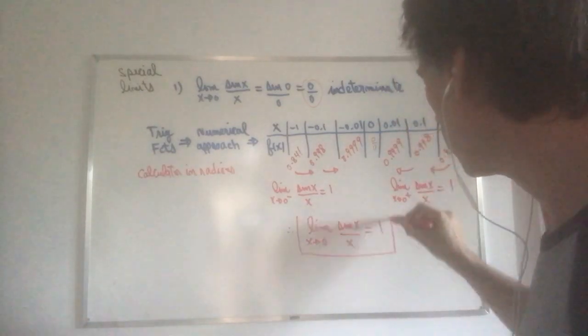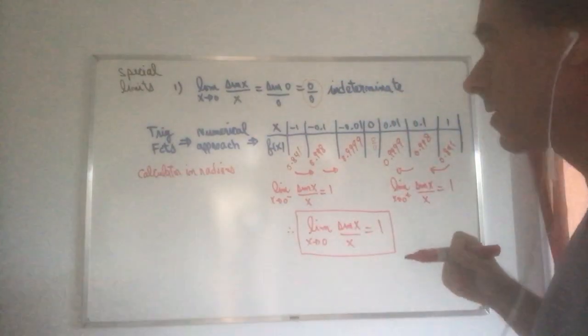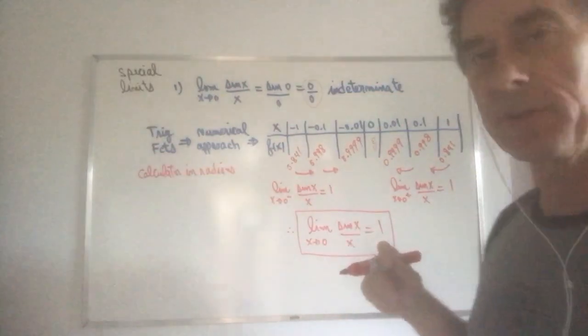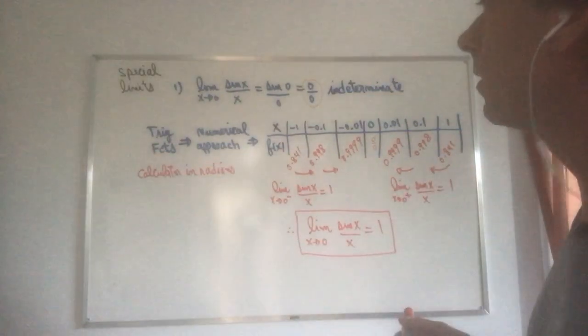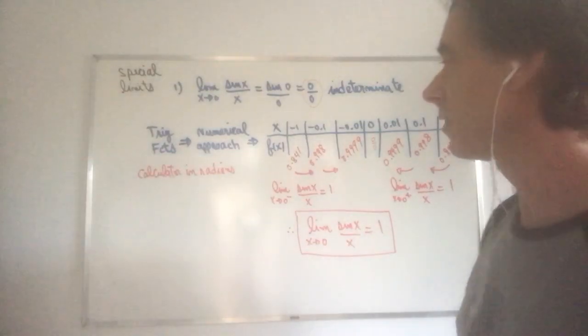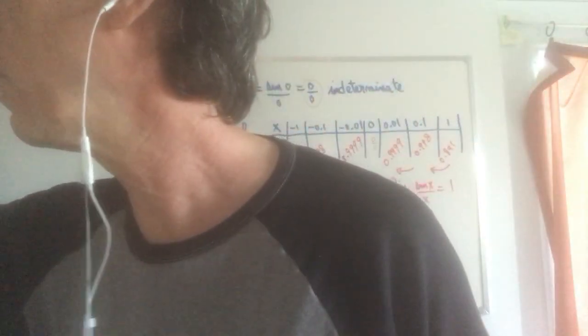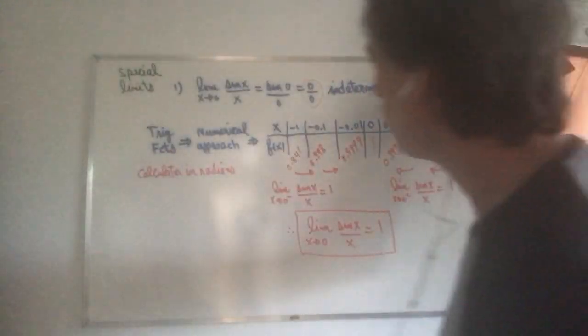So that is how we would tackle something that has a sine or a cosine or a tangent in it. And that would be my first special limit using the numerical method. All right, moving on to the second one in a couple of seconds. So let's erase this.